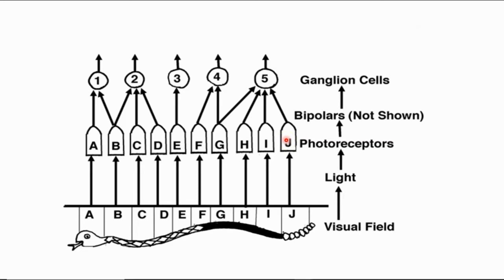So it sees most of the black portion of the tail plus the rattles.